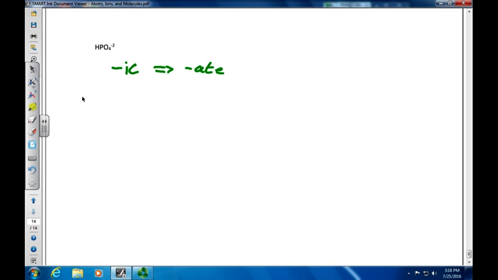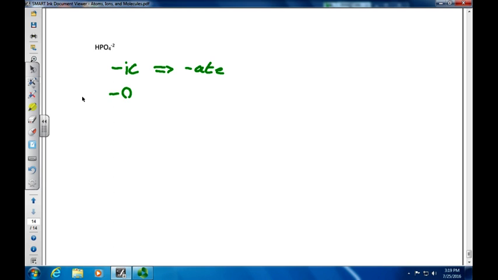So in our previous case where it was H2SO4, because that is sulfuric acid, its corresponding oxoanion would have been dihydrogen sulfate. Dihydrogen indicating two hydrogens, which for H2SO4 there are two hydrogens, and then the ate takes the place of the ic.